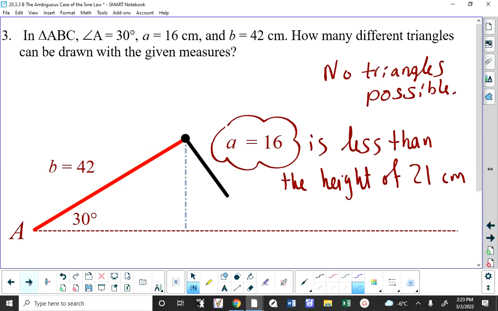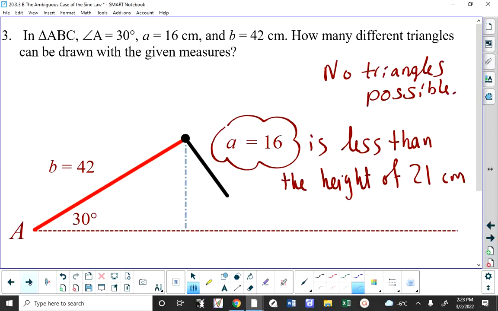Now I'm going to ask a difficult question, and it's the one that some people won't even consider. It's possible to get one triangle, only one, by changing the length of side A, but that one triangle would not contain a right angle. How could you possibly have a different length for A?